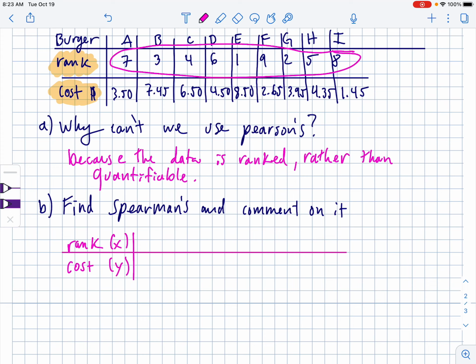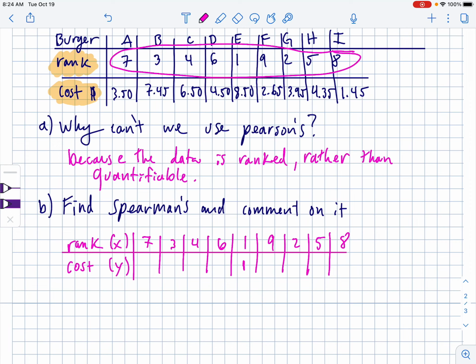So the top one, the X, was the rank, and then the bottom one was the cost, and this will be Y. The X's are already ranked, so that's going to be the same order. It's just going to be 7, 3, 4, 6, 1, 9, 2, 5, 8. Yeah, she already ranked them for us.